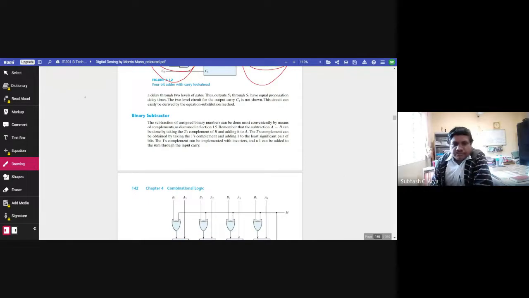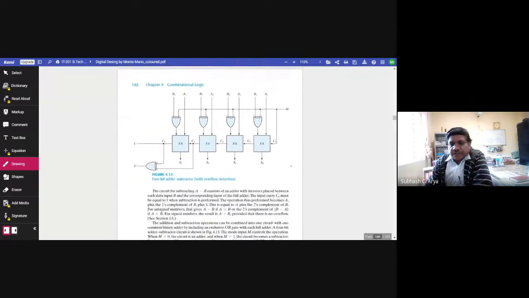Now coming to binary subtractor, the next topic. We are familiar with this circuit. For the time being, we forget this exclusive OR. So A0, B0, just give directly A1, B1, A2, B2, A3, B3 and put into the full adder circuit.